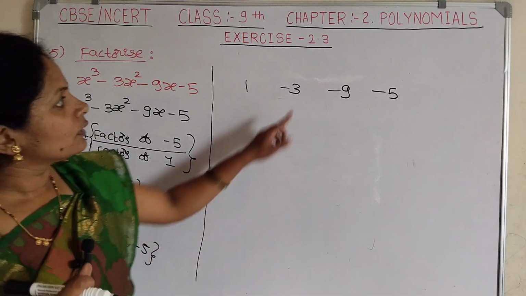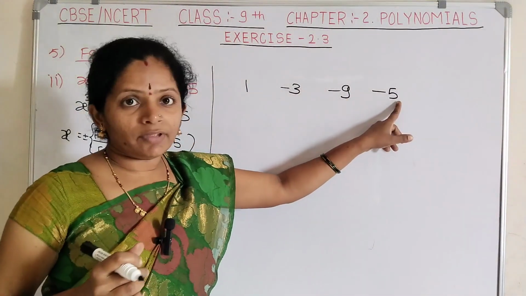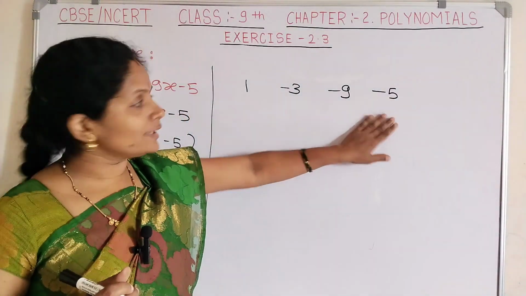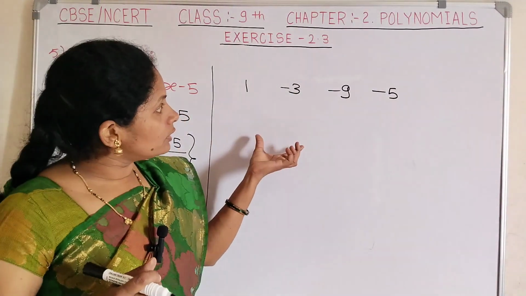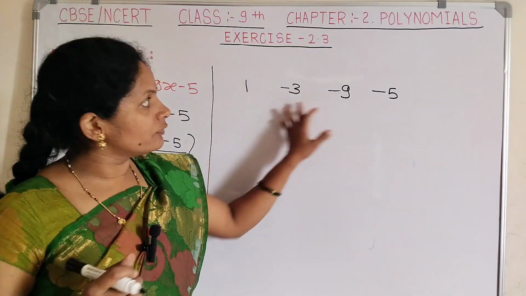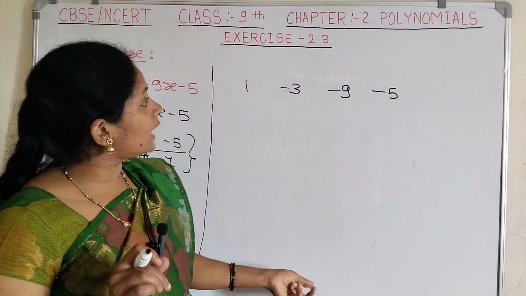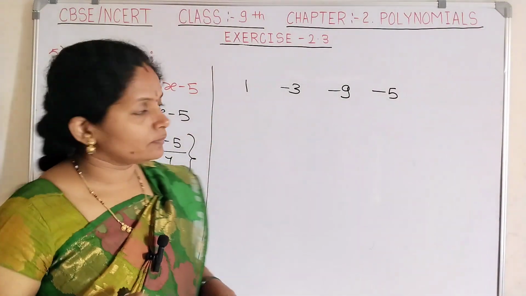See here, 3 terms are having the negative sign. If we substitute a positive number, we will get a number with the negative sign, but there are more chances if you take the negative number here.